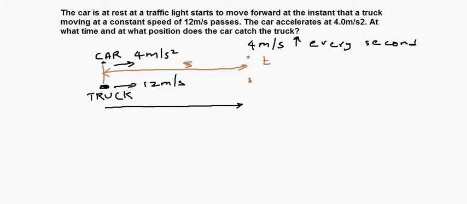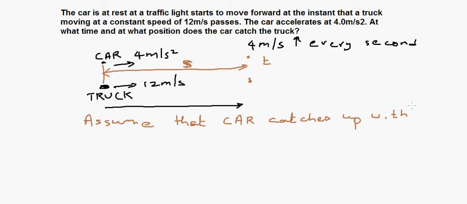Okay, so let's begin. As we don't know both these quantities, let's just assume the distance to be s. Let's assume that the car catches up with the truck at distance s, that is the position s.